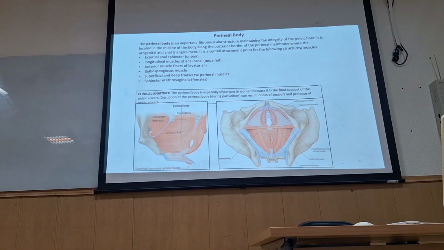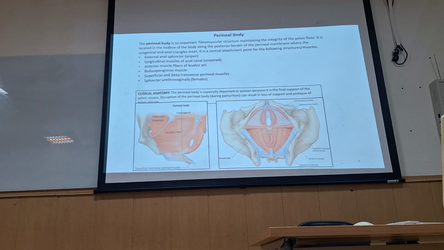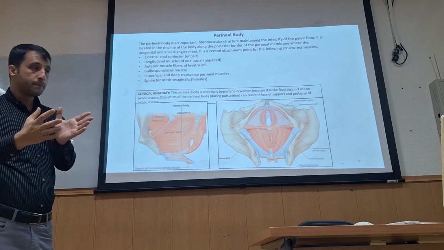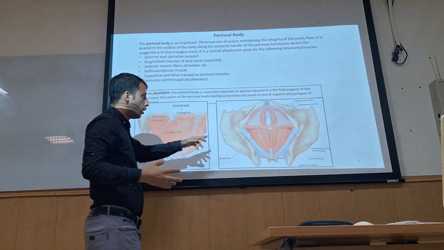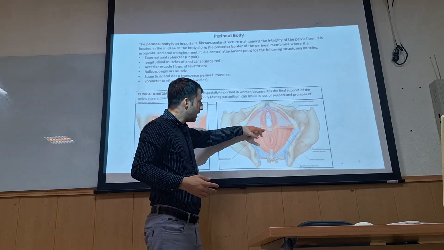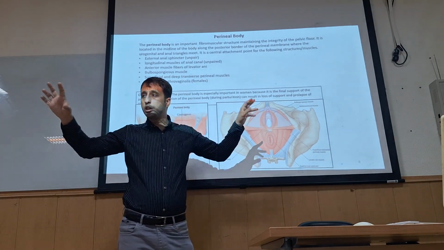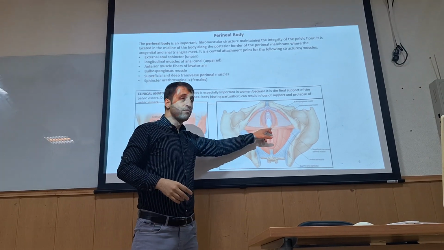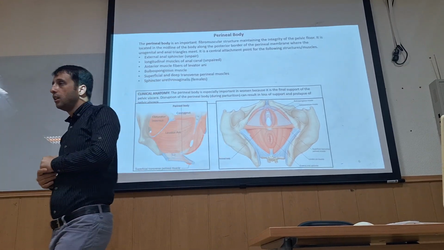Circular is the inner muscle, longitudinal is the outer muscle. The longitudinal muscle, when it travels inferiorly, arrives at the rectum, then the anal canal, and ends in this area. So the longitudinal muscle of the anal canal is also attached to the perineal body.